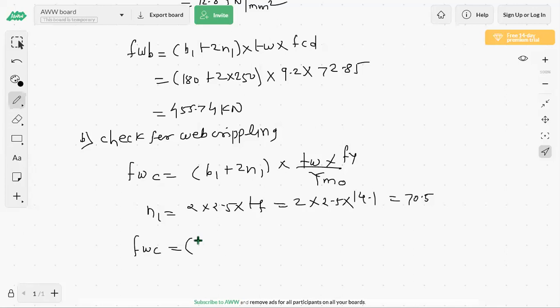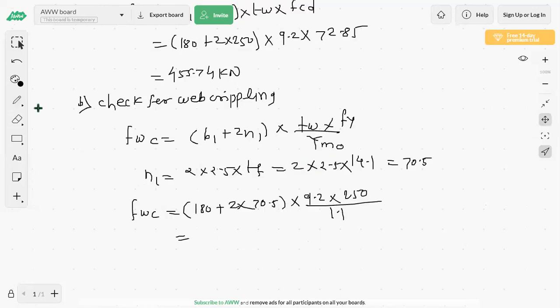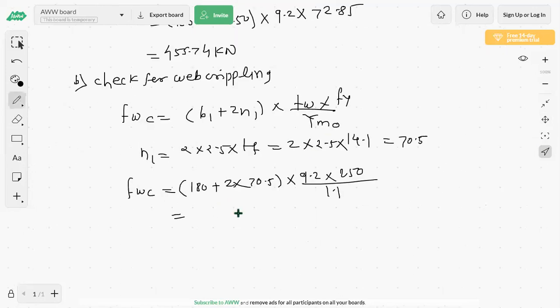So B1 is 180 plus 2 into N1 is 70.5 into TW. TW is the thickness of web, 9.2, into Fy. Fy is here 250 divided by gamma m0 which is 1.1. So now tell me FWC in kilonewton.